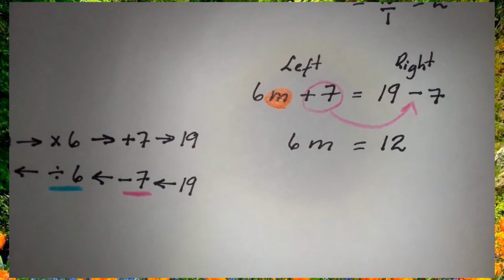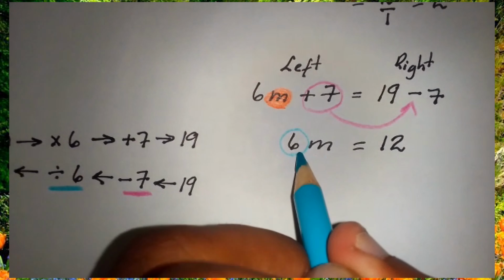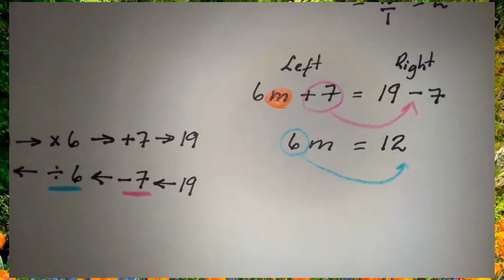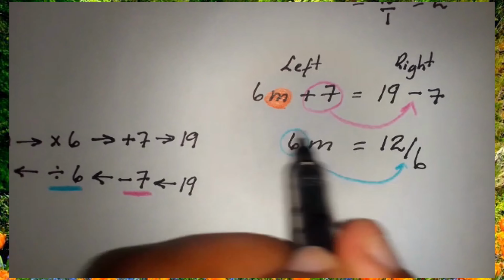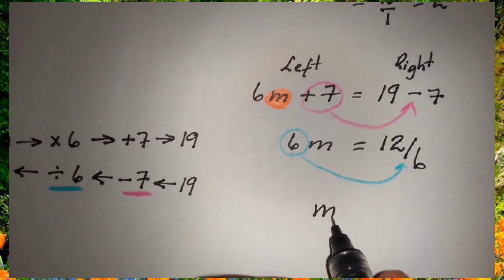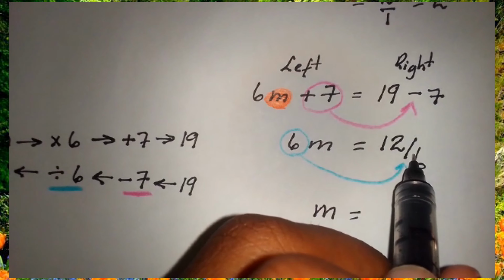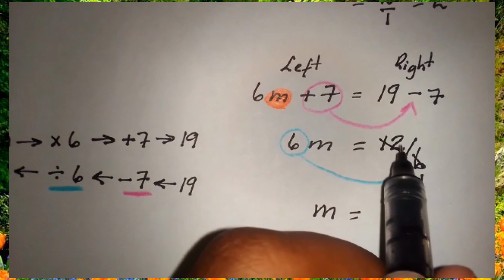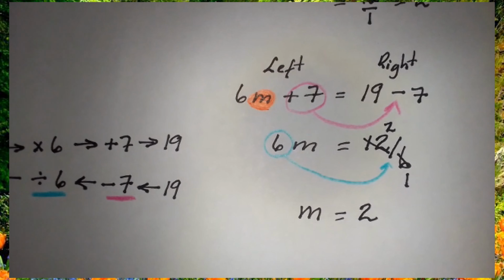So I'm moving this 6 across the equal sign and it becomes a divide by 6 because I was multiplying it initially. So m is going to be equal to this fraction. 6 into 6 goes 1 and 6 into 12 goes 2. So m is equal to 2. Simple, don't it?